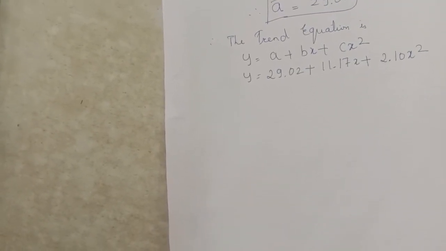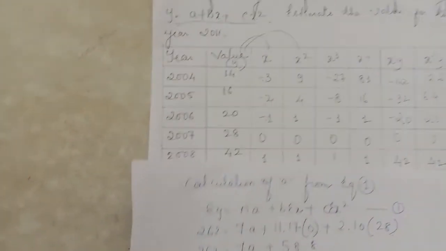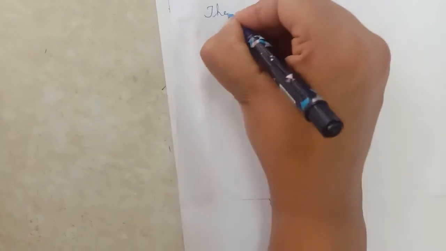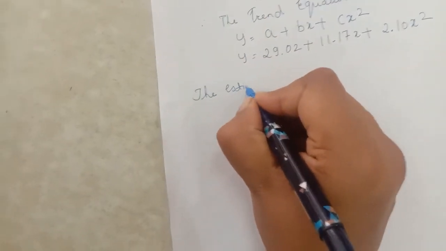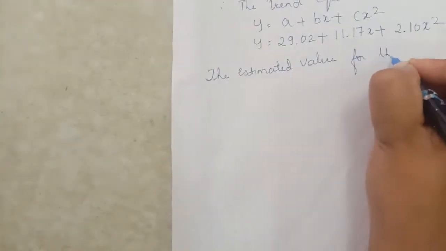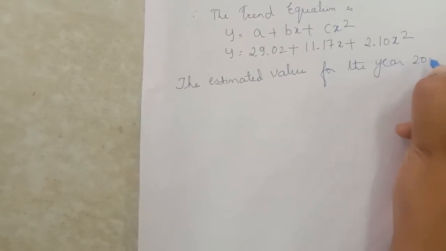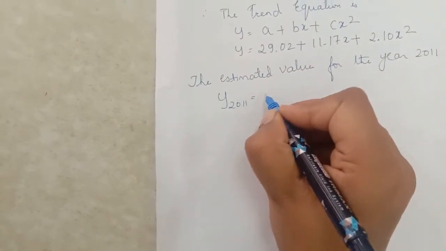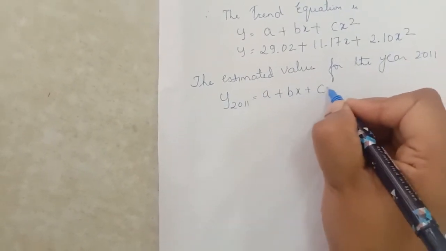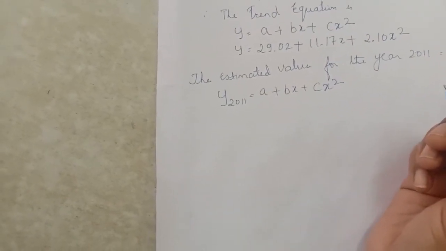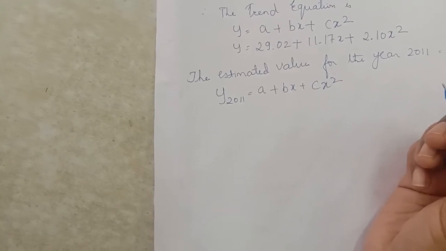Then in the problem they have told us to estimate the value for the year 2011. So the estimated value for the year 2011, we have to find by putting the value of x.